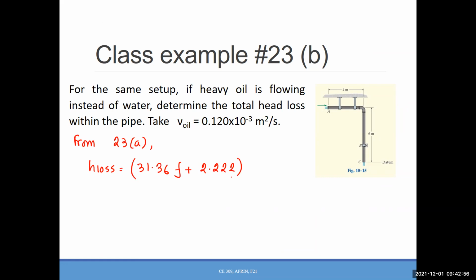We already know that. Now, again, the only thing we don't know is the friction factor F. And just like 23A, we need to decide whether the flow is laminar or turbulent. So that's what we will do.